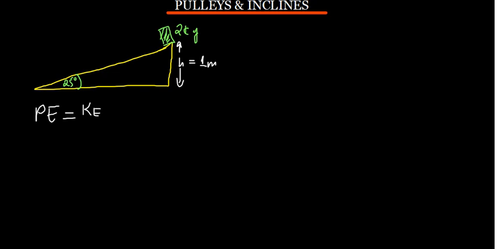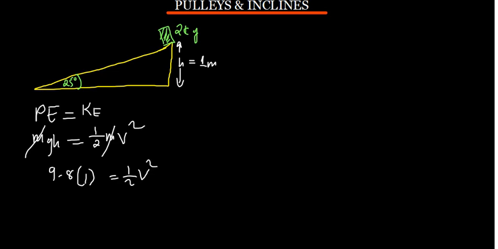Now, potential energy in this case is mass, gravity, height, and kinetic energy is half mass, velocity squared. So the mass cancels, and gravity we know is 9.8, the height is 1, and that will be equal to half v squared.